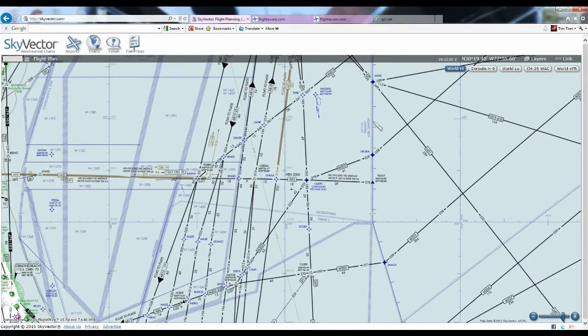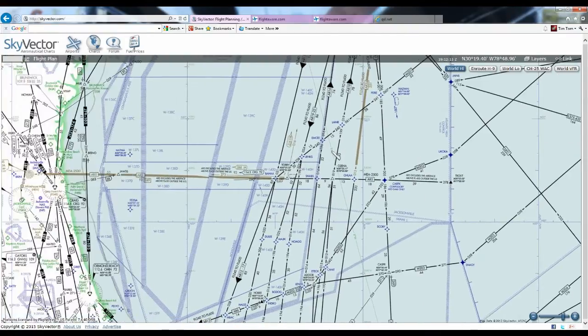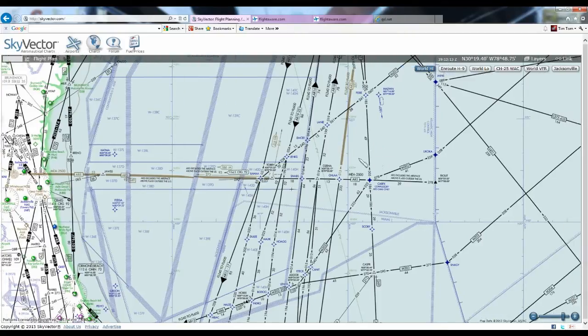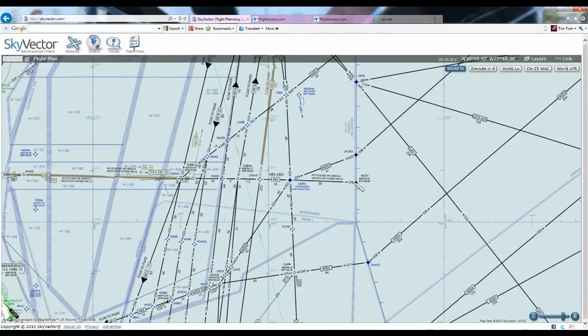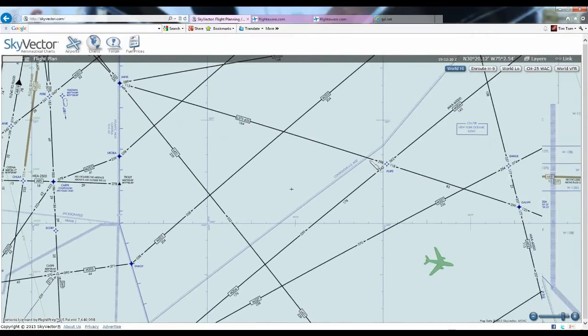Yes, right there, Atlantic high control. So about the time you hit Trout, that's where Jacksonville Center is no longer going to be able to control you. You would switch over to oceanic control at Trout, and that's where you start using the oceanic procedures.